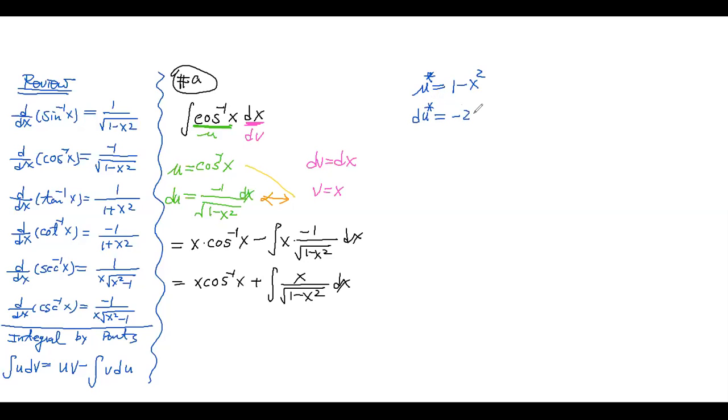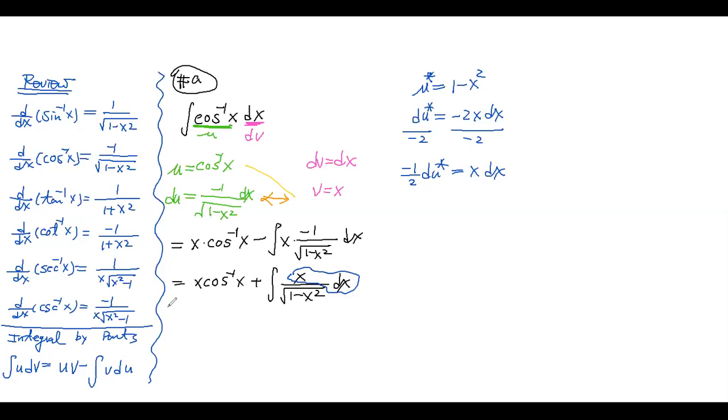So this is a minus 2x dx here, right? And now, because you only have the x dx, I need to divide by -2 on both sides. So I have -1/2 du star equal to x dx here, right?